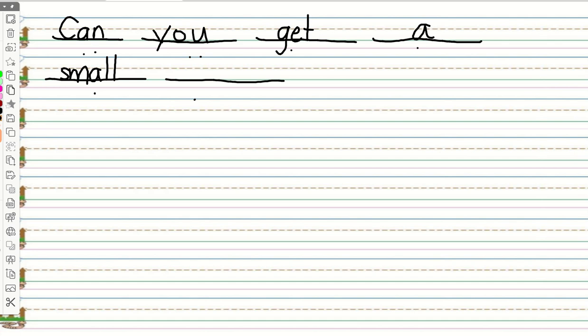Can you get a small basket? There's our 2 syllables, basket. Go ahead and spell bass, the first syllable. And now we're going to spell the second syllable, kit. It's really a schwa, so it's spelled with an E, basket. And now we're going to rewrite it.